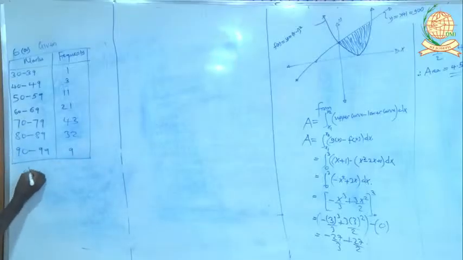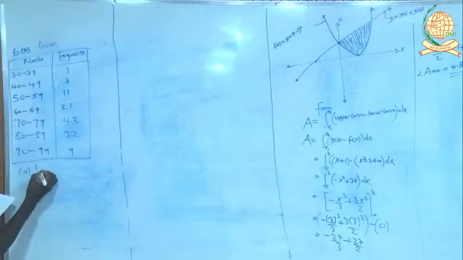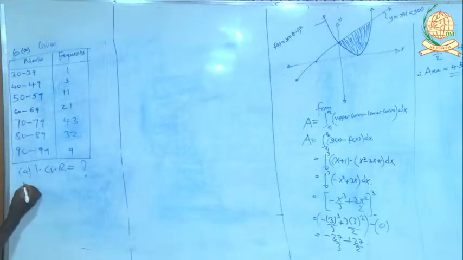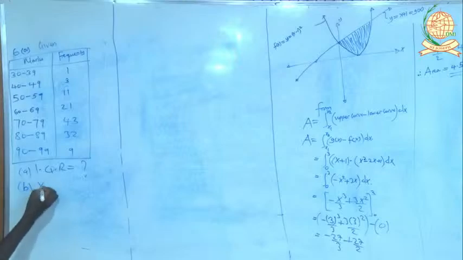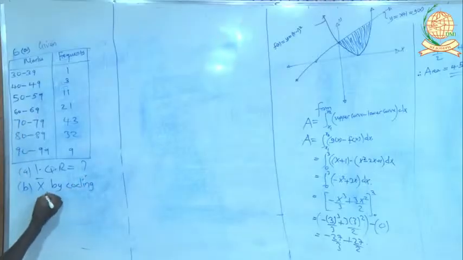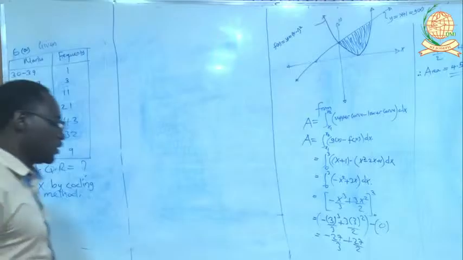Then in A, we need to find the interquartile range. And in B, we are asking you to find the mean by coding method.